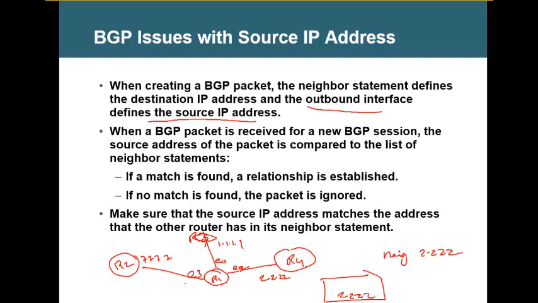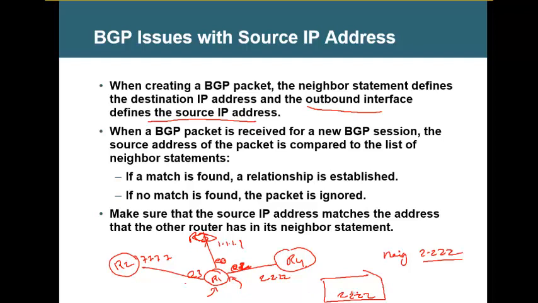R1 will check the routing table and find the 2 network is in the direction of E2, exit interface Ethernet 2, not Ethernet 1 or 0. Ethernet 0 will take you to 1.1.1.1, Ethernet 3 will take you to 7.7.7.7, but my neighbor is on 2.2.2.2. So whatever address is configured here will become the source address of this packet.